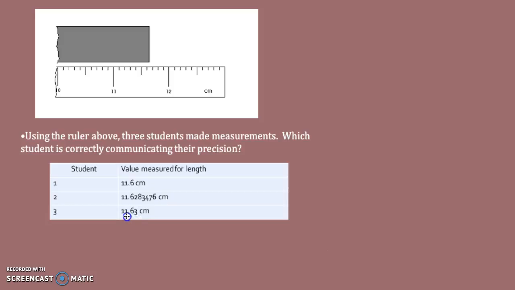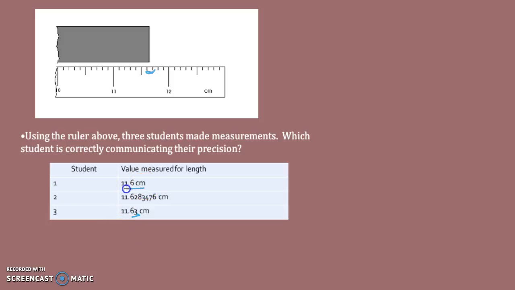Because what we're able to do here is we can see the 11, we can count over 1, 2, 3, 4, 5, 6, and it's somewhere in between 6 and 7 right here. And so we're going to estimate that it's about 3. And remember, this number is an estimate, so if it was a 4, that'd be fine. If it was a 2, that'd be fine.